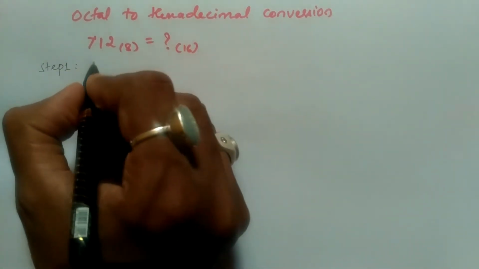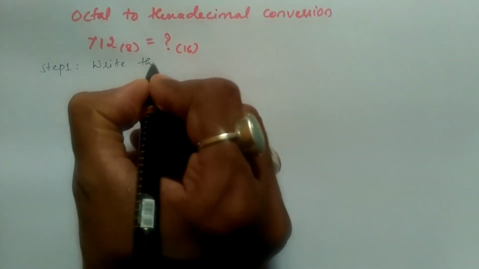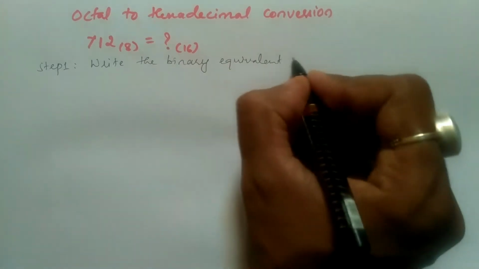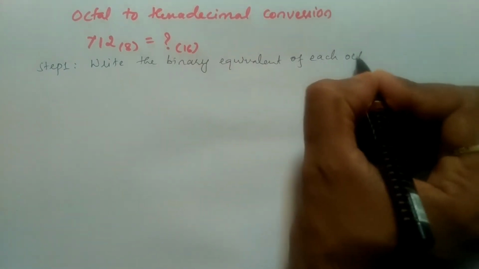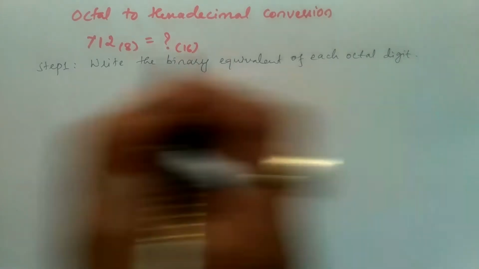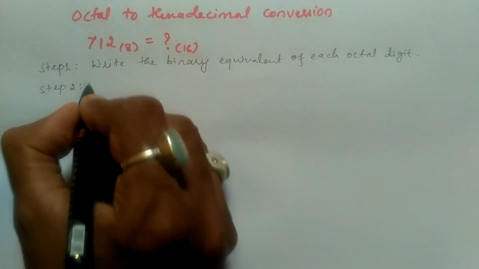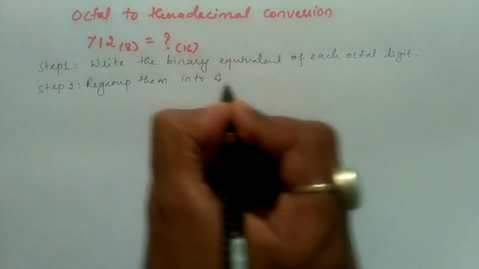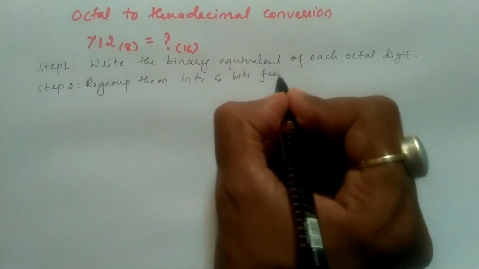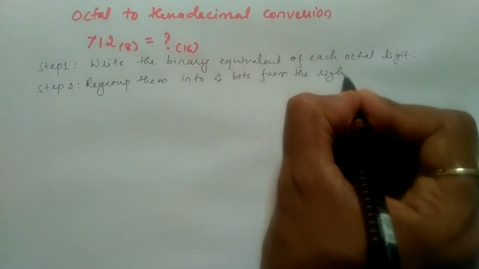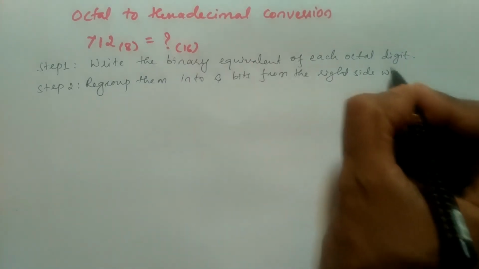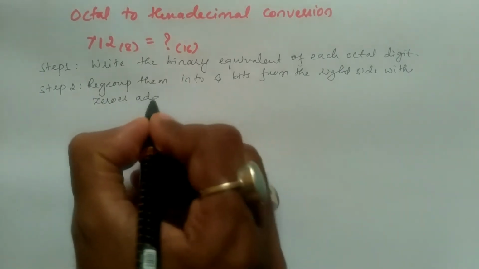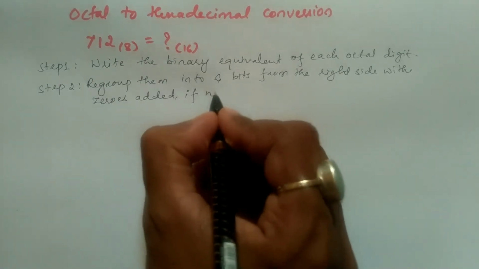Step 1, write the binary equivalent of each octal digit. Step 2, regroup them into 4 bits from the right side with zeros added if necessary.